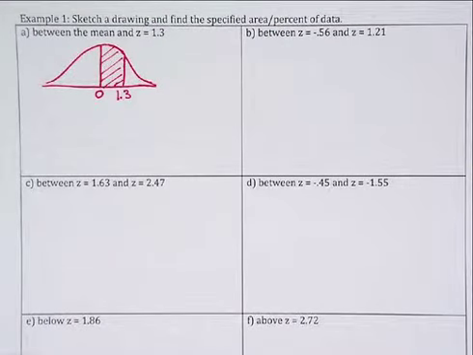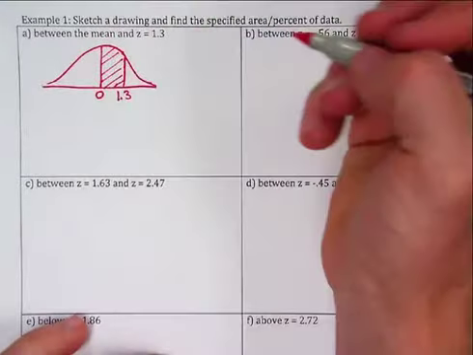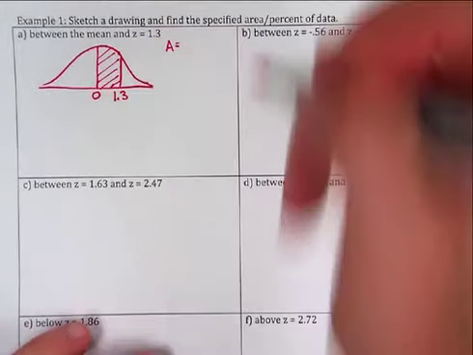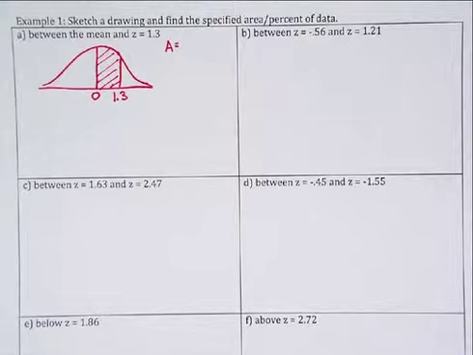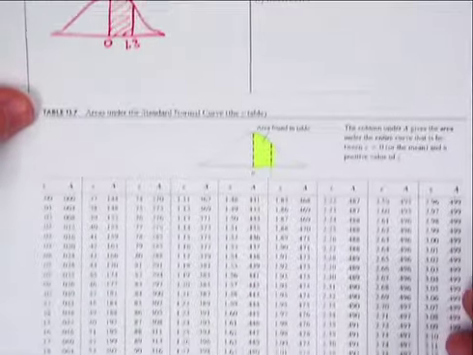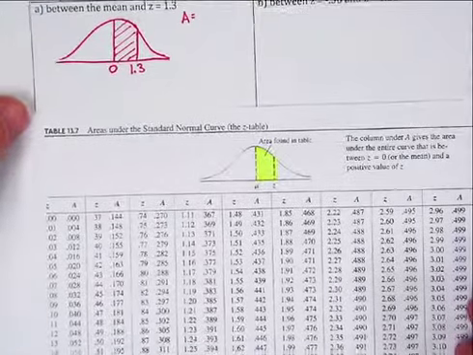So now what we want to do is find the area that corresponds with our z. And to do that, we're going to look in this chart right here. We need to find z of 1.3.